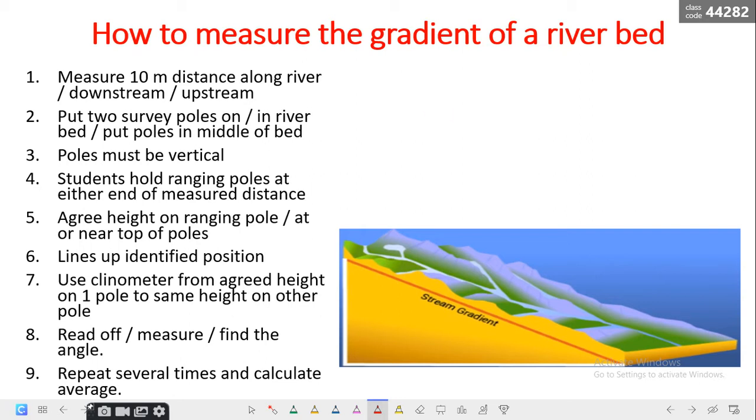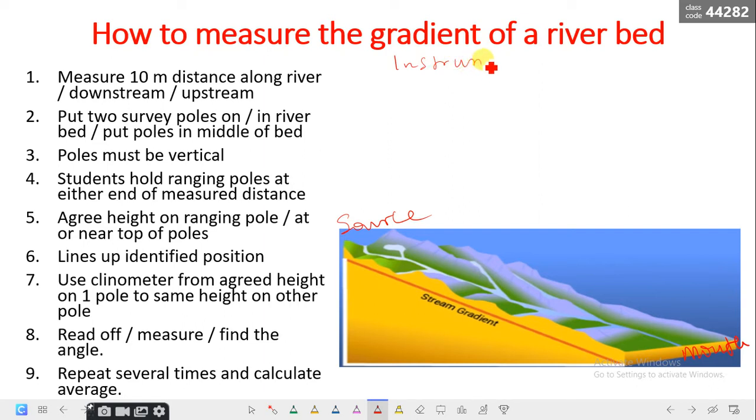Then our main content for the day is how to measure the gradient of a river. I've seen questions where they say, describe how you measure the gradient of a river. This is a river from the source to the mouth. How do you measure the gradient? How do you know if it's on a steep slope or a gentle slope? The first thing you need to do is get the instruments you need.